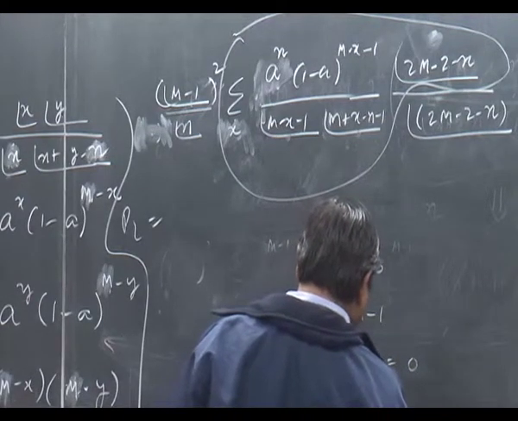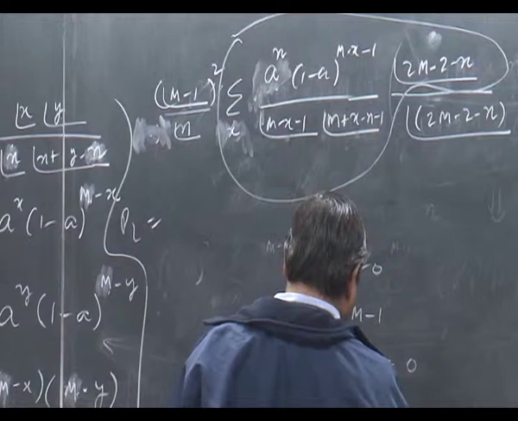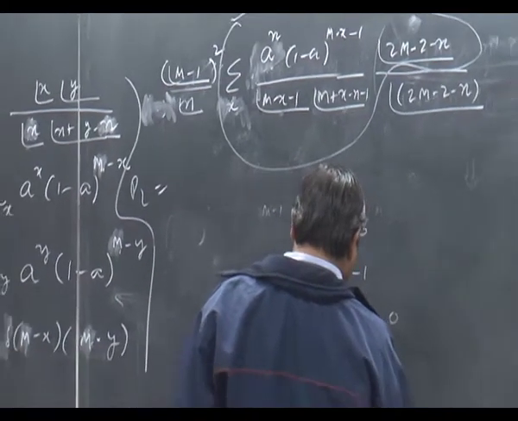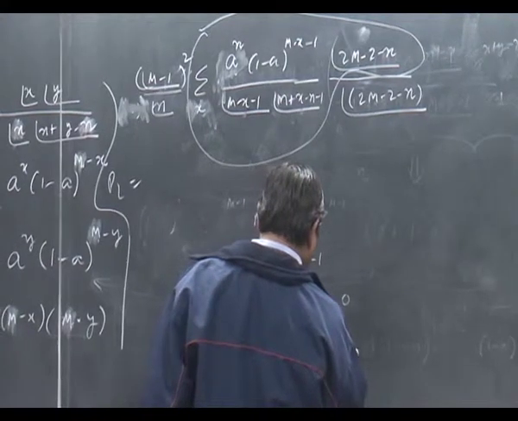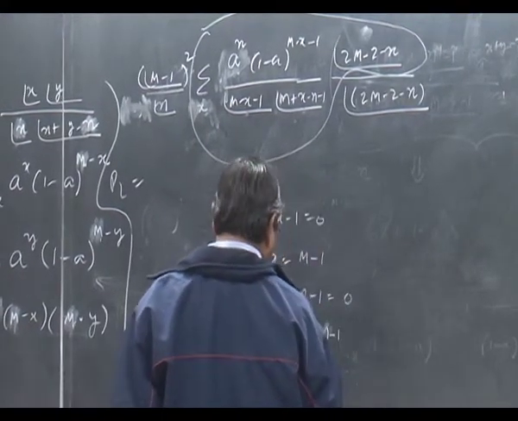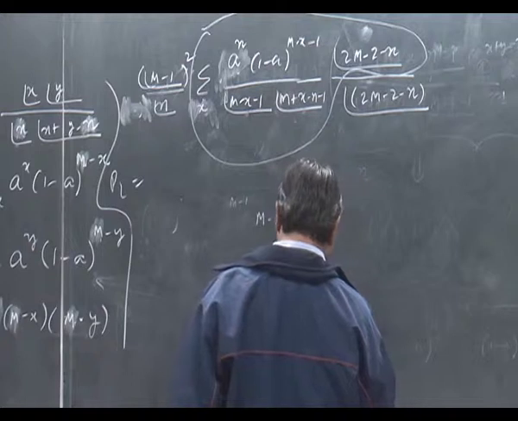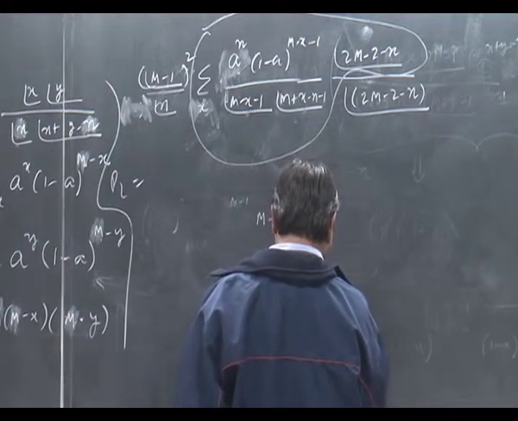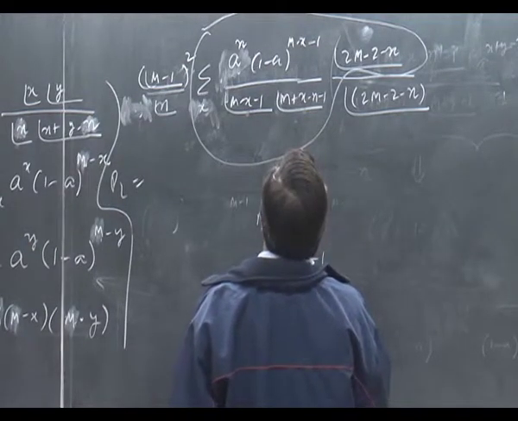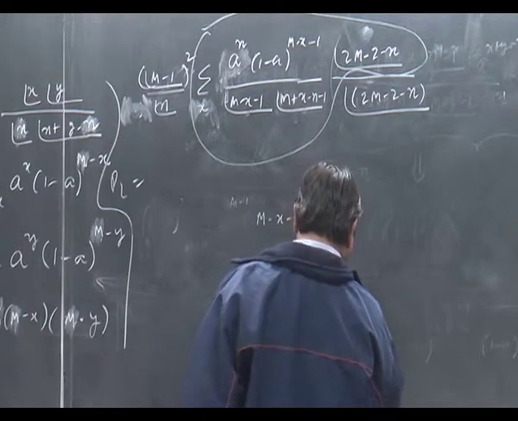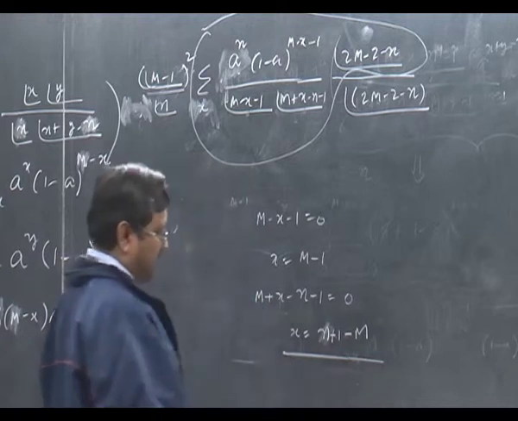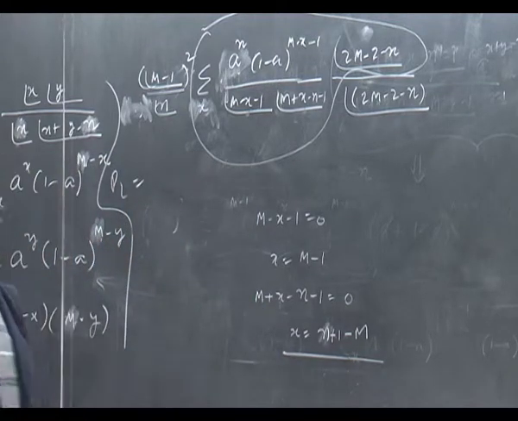So x will be n plus 1 minus m. That is the minimum value of x.